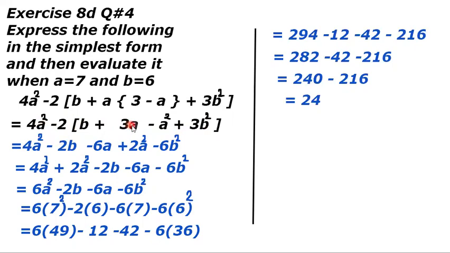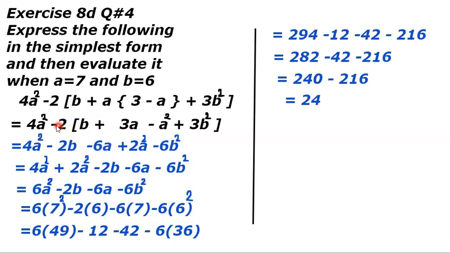Now let's do this term which is positive 3A. First multiply the number 2 with term 3A. 2 will be multiplied by 3A and it will give us 2 times 3 is 6A. Now let's multiply the signs. Negative sign multiplied by positive sign will give us negative sign. It will be negative 6A.